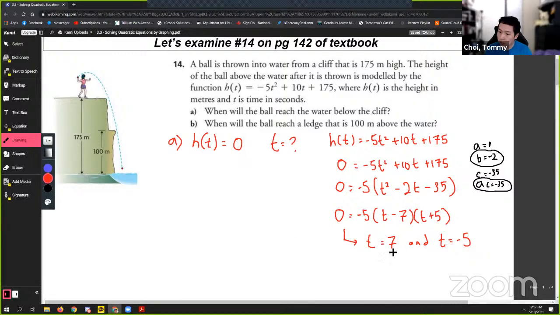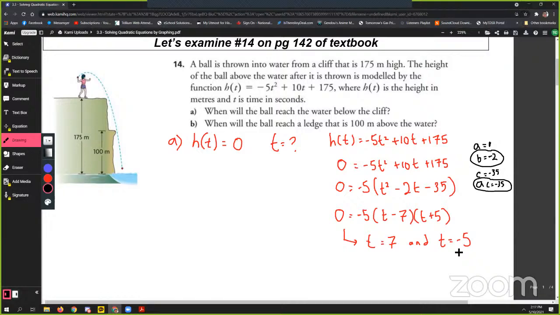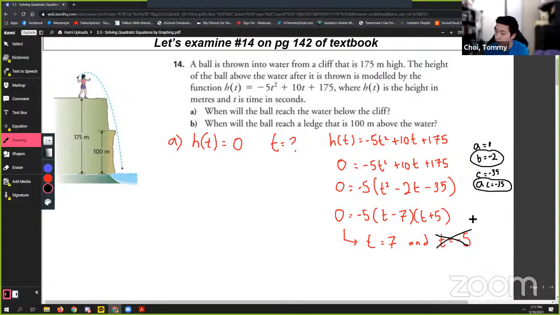So when we do that, though, are both of these answers correct? So we get two answers, but are both of them right? No, because it can't be negative time. Bingo. You can't go negative time. If you were going negative time, we're assuming that the ball is going back in time and we're time traveling.